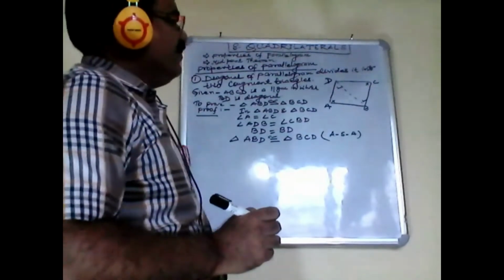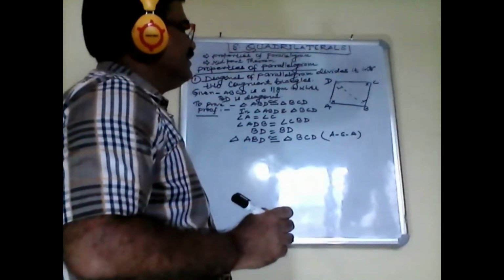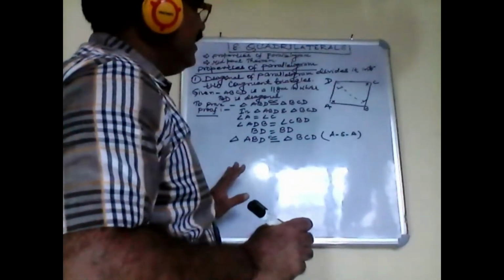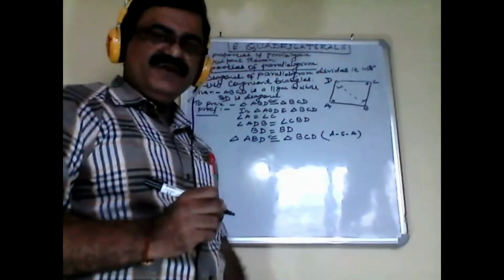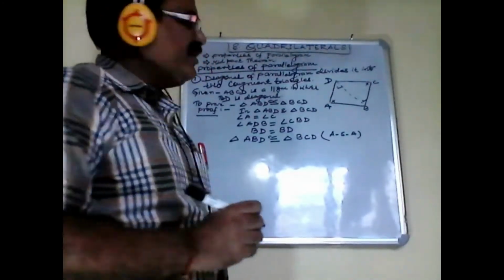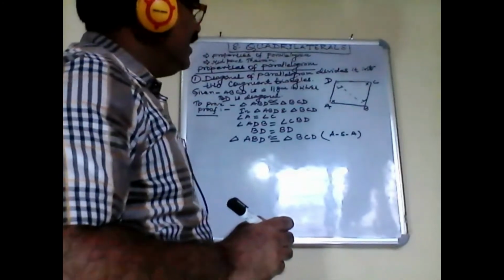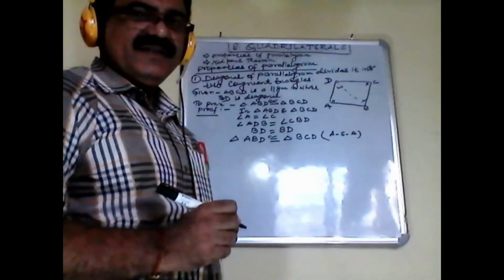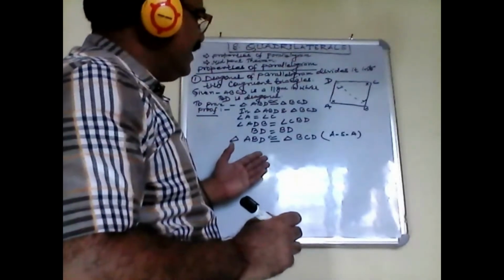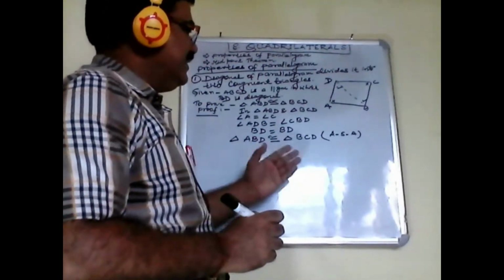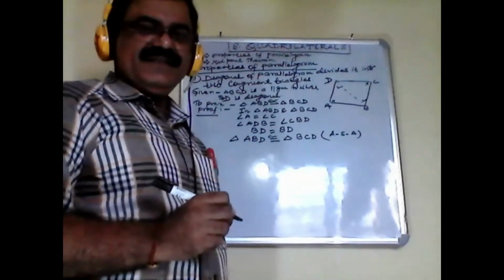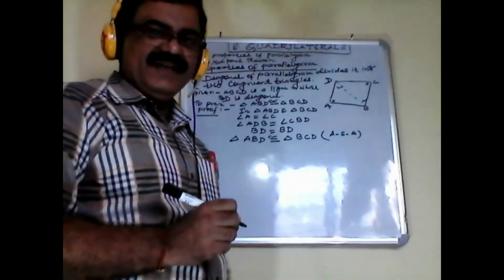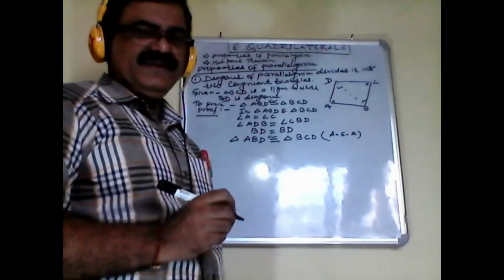Another property you can also use is SAS, and you can also prove it by SSS, because opposite sides are equal and one diagonal is common to both triangles. So you can prove it by ASA, SAS or SSS. These three criteria can be used to prove that triangles are congruent.